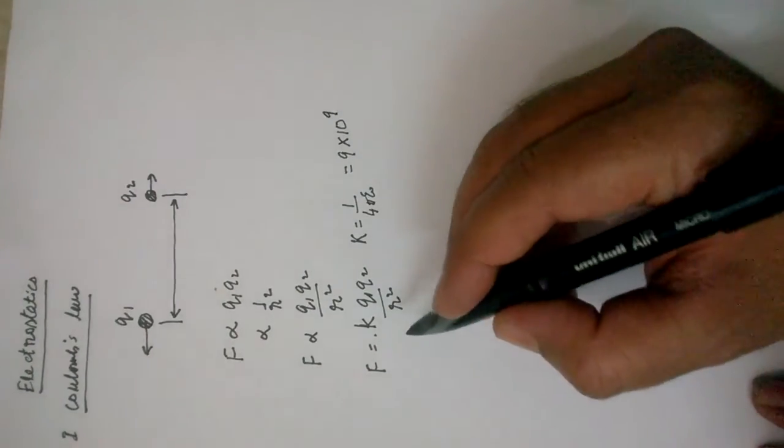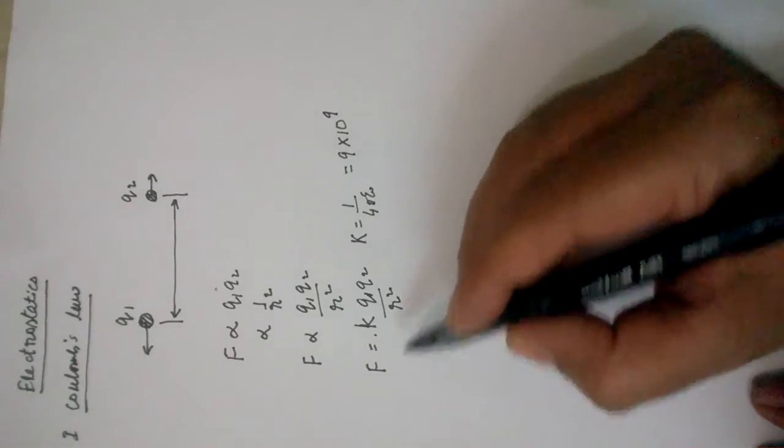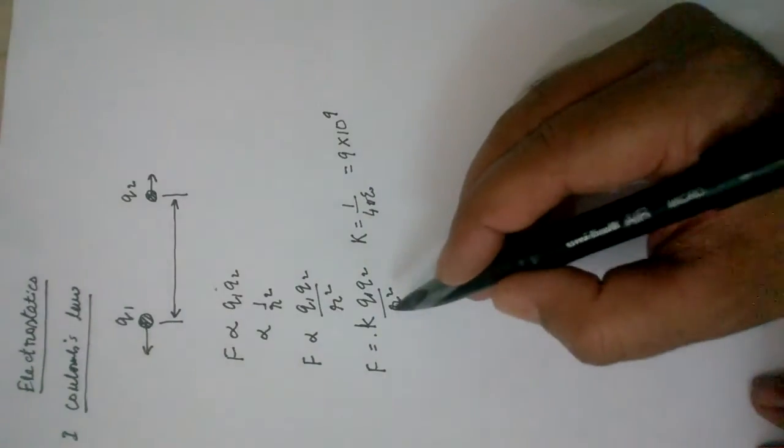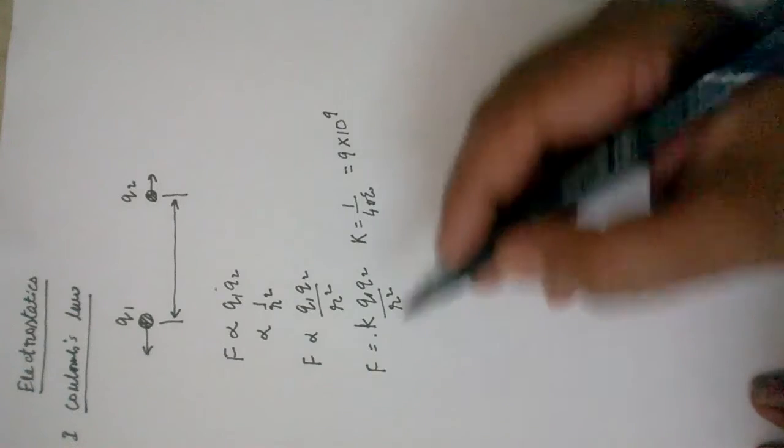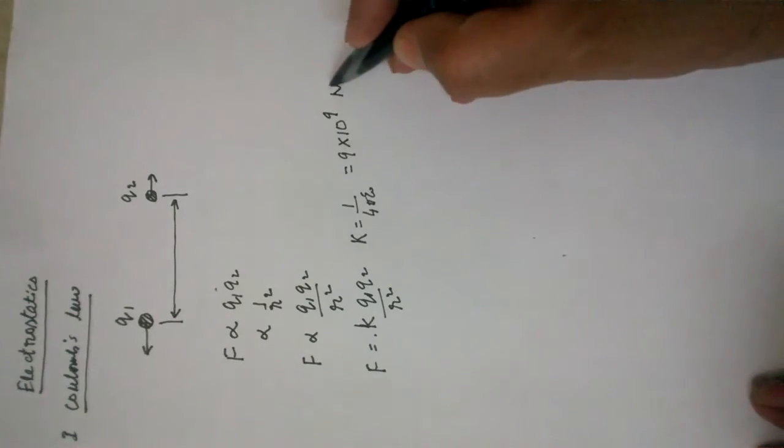And if you see the units, F into r square will be Newton meter square per Coulomb and Coulomb, so Newton meter square per Coulomb square.